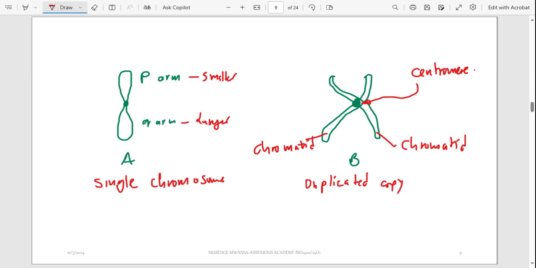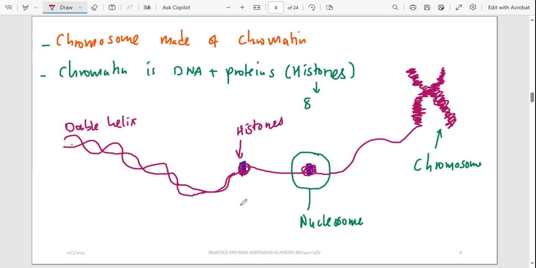So when the cell gets to divide during cell division, chromatin is going to condense. Okay. So this whole structure here was the chromatin. This chromatin is going to condense and then it is going to form a chromosome. So a chromosome is just a condensation of chromatin.